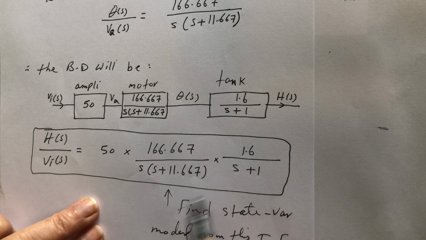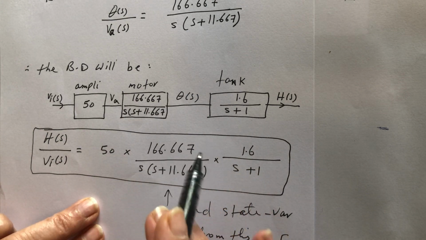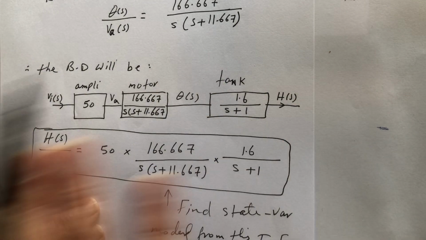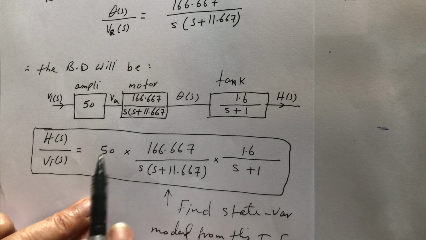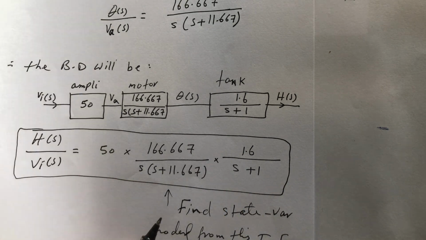Of course, this is a model of a complete system that contains 3 parts. It's different from the one which I found for you, that was for just a motor. Here is a complete system. So if you find a transfer function here, you can do the state variable. The best way is the one which I taught you, that you make a block diagram and you find the state variable after you find the transfer function. So that will be the easiest way.